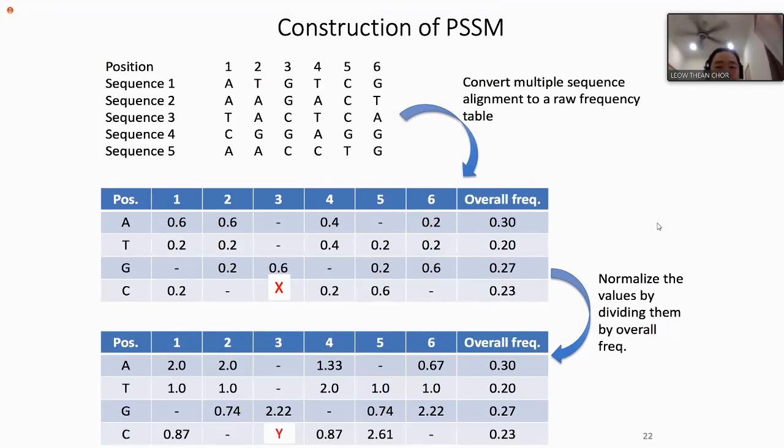And then the overall frequency for A is the average of the frequency for all the A in each column.